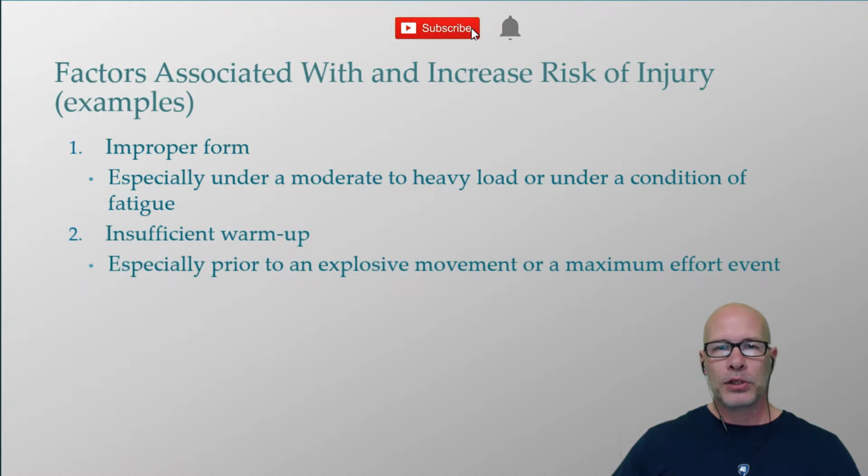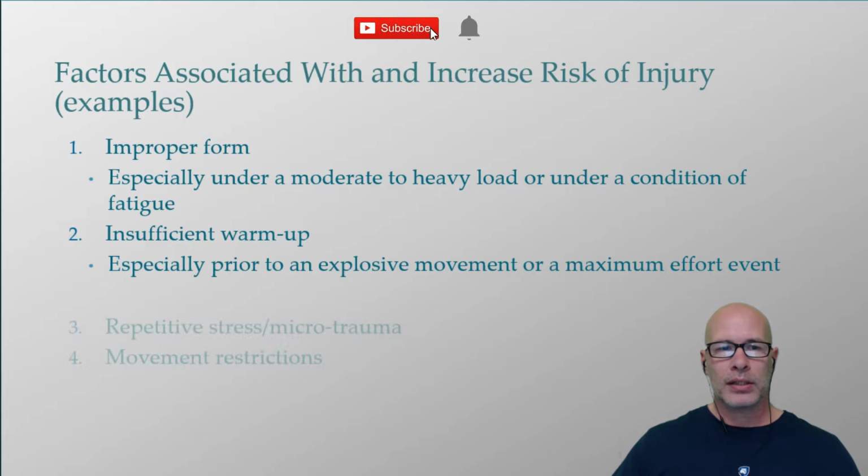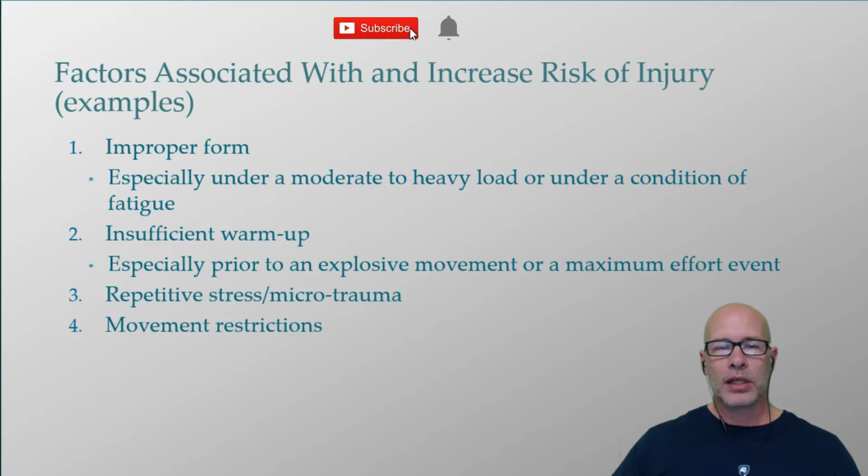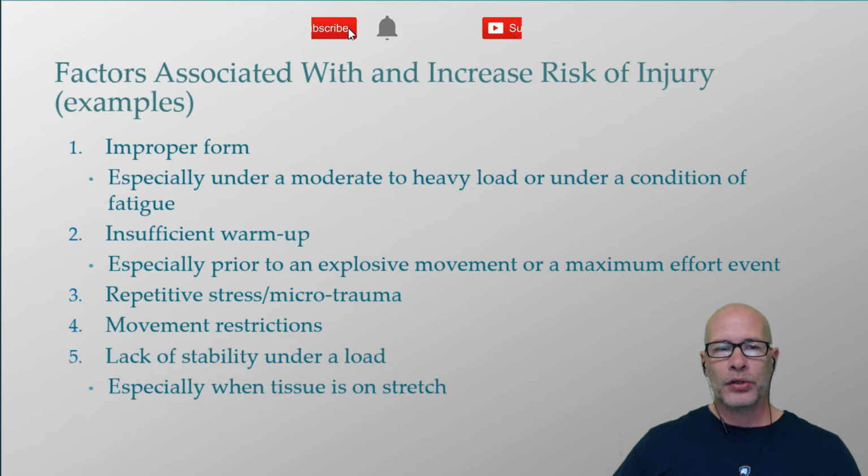Insufficient warm-up, especially prior to an explosive movement or a maximum effort event. Repetitive stress, movement restrictions, or in other words, areas of tightness, and lack of stability under a load, especially when the tissue is on stretch. So these are all examples of mechanisms that are associated with and increase the risk of injury.